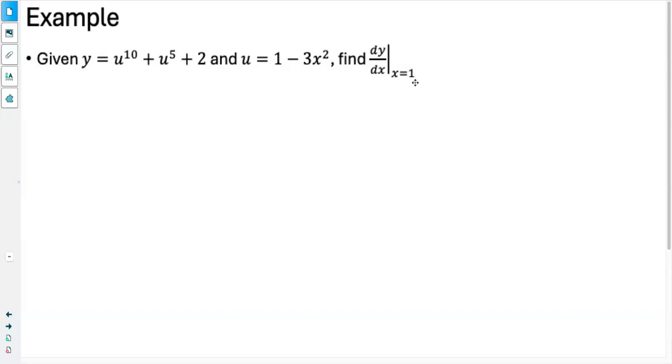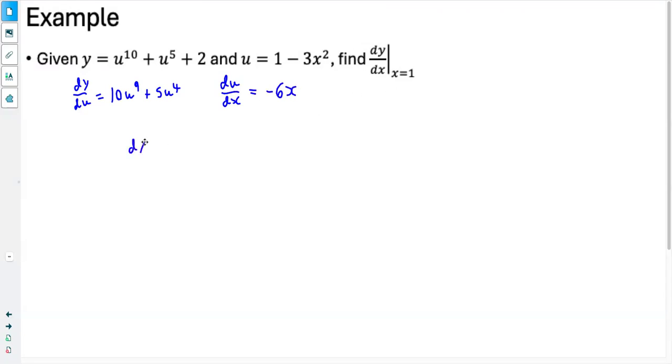So first thing I would do is find the derivatives of each of these. So dy over du is going to be 10u to the power of 9 plus 5u to the power of 4. And then du over dx is going to be negative 6x.